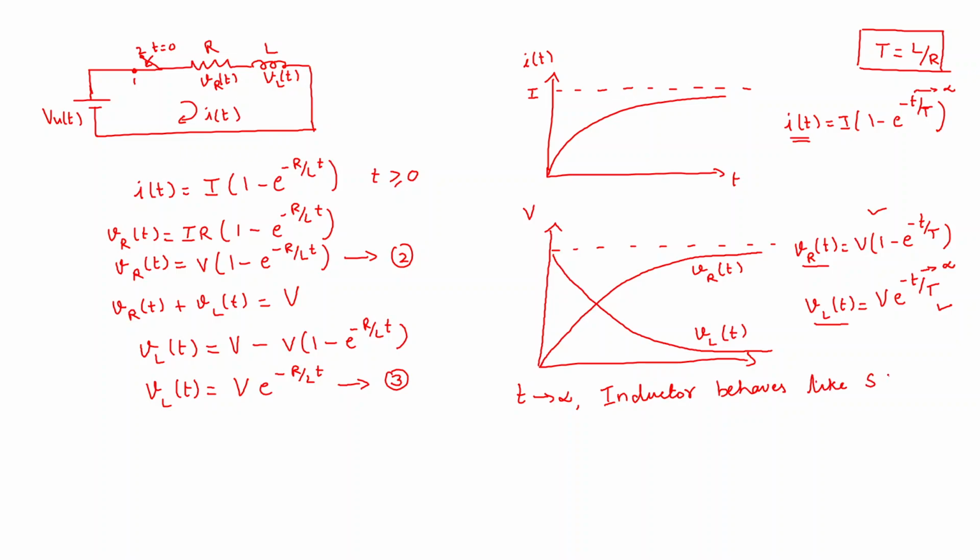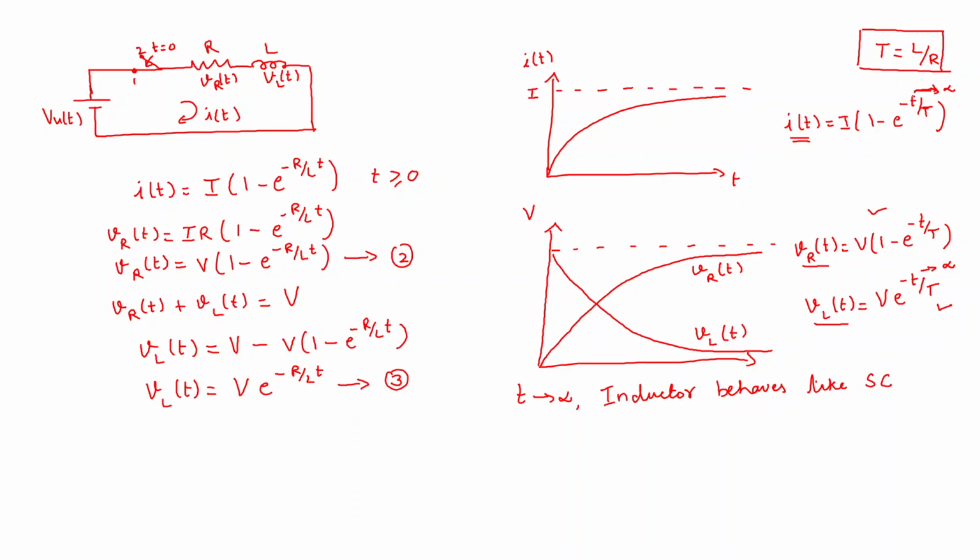This is one of the important inferences. At t equal to infinity, the constant current I is equal to V by R flowing. That means this inductor is behaving as a short circuit. So when the inductor becomes a short circuit, the constant current will be just V by R flowing in this circuit.